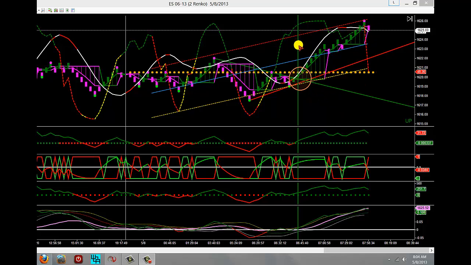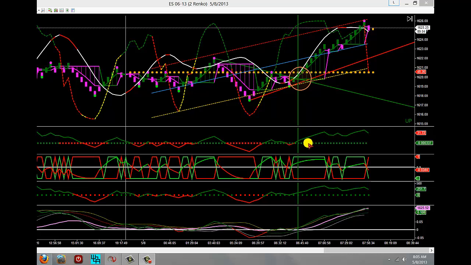Now I put this vertical line down through here, and you can see the DMI differential, everything is green. It's above its zero line, indicating an uptrend right here. It comes in very early here. And once you're in a trend, very often you can stay in the trend longer when you use this DMI differential.